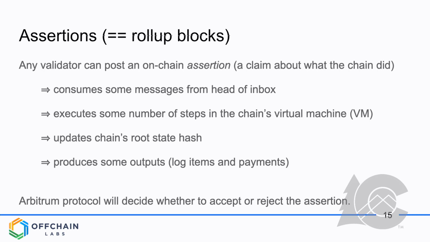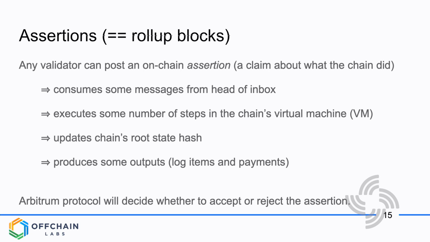The rest of the operation of the chain, or at least the link to the L1 chain, is done by the Arb Rollup contract, of which there's one separate one for each of your chains. So the way that the system makes progress here is through what we call assertions, which other similar systems might call a rollup block. The idea is any validator can post on-chain an assertion.